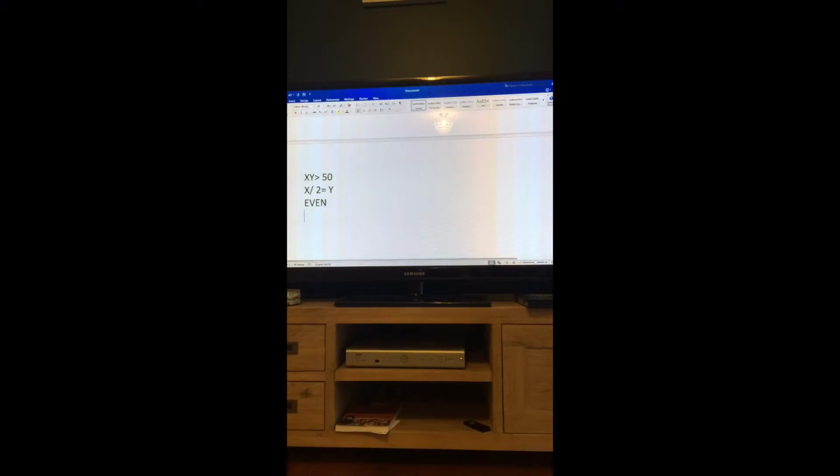Again, if we have x representing our tens and y equaling our units, we know that x is either 5, 6, 7, 8, or 9. Now, we know that when you divide x by 2, it equals a whole number.